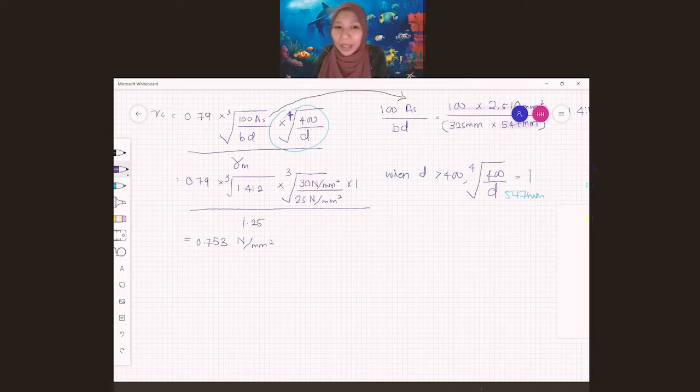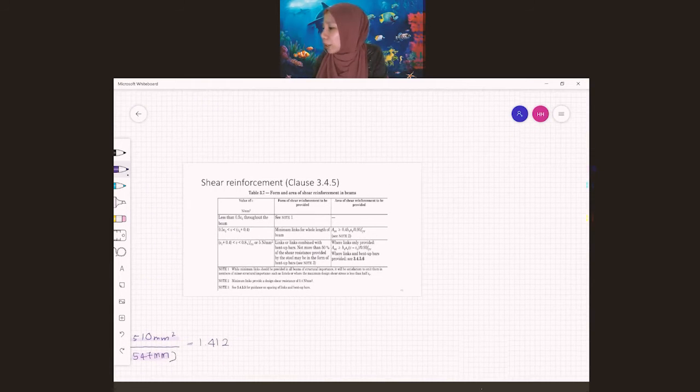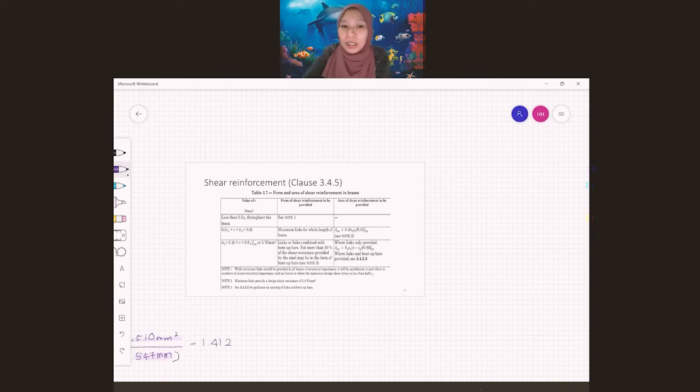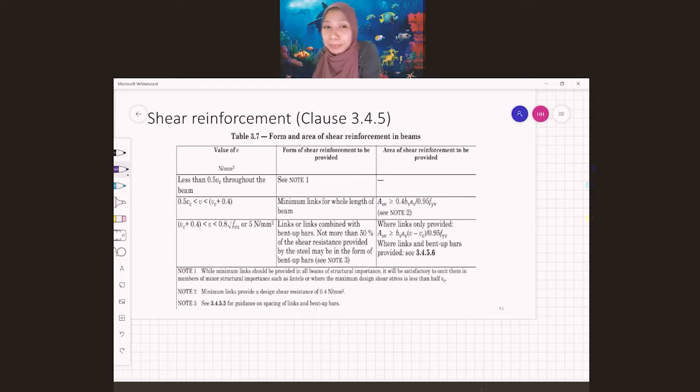Okay. After that, what we need to do is kita kena compare, okay, because of daripada VC ni, because of kita tengok V, so kita ada a few things yang kita kena compare. Tengok pada yang table inilah, table, tak nampak sangat table ini, okay, page 41.